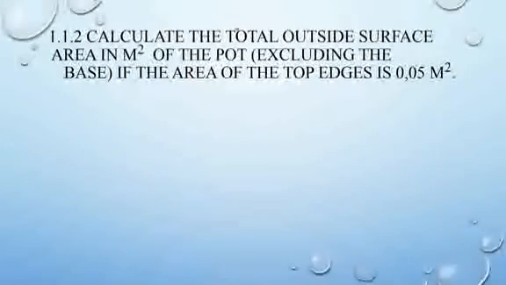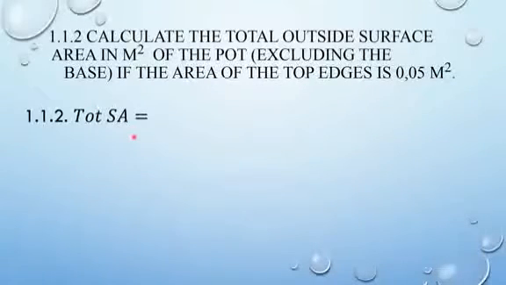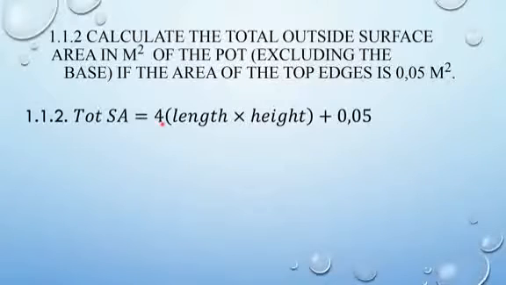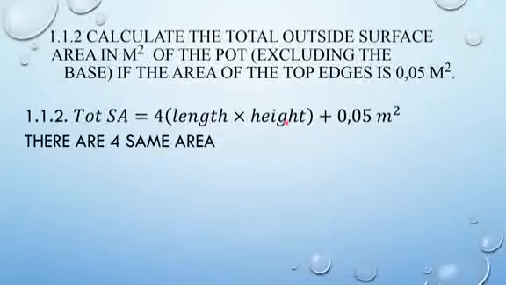The next question, calculate the total outside surface area in square meters of the pot, excluding the base, if the area of the top edges is 0,05 square meters. So let's see how we do it. The total surface area will be the 4 faces multiplied by the length multiplied by height.